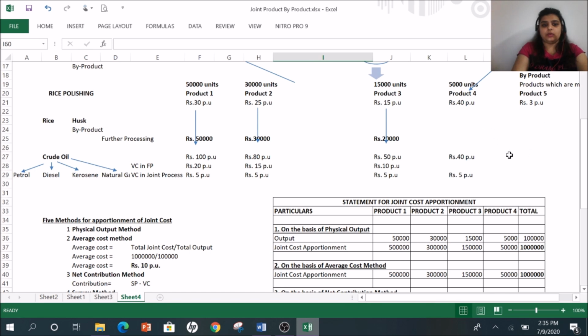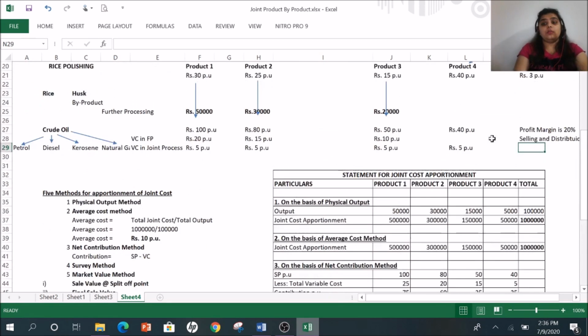The addition that I am doing is, let us assume that the profit margin is 20% on each unit, okay, and selling and distribution expenses is equal to rupees 2 per unit, okay. Now let us go ahead. Now you will say, ma'am, if this information is not given in the question, leave it. Assume there is no profit, assume there is no selling and distribution.